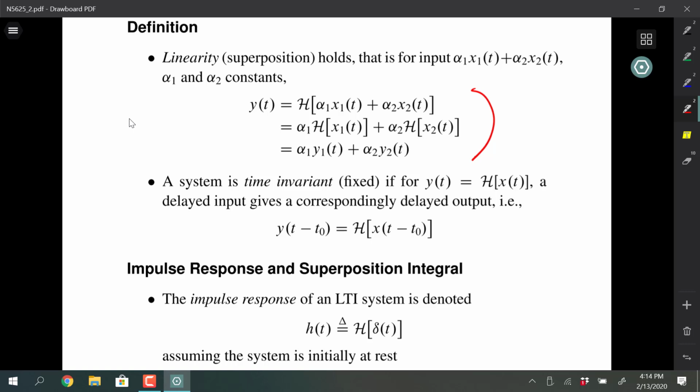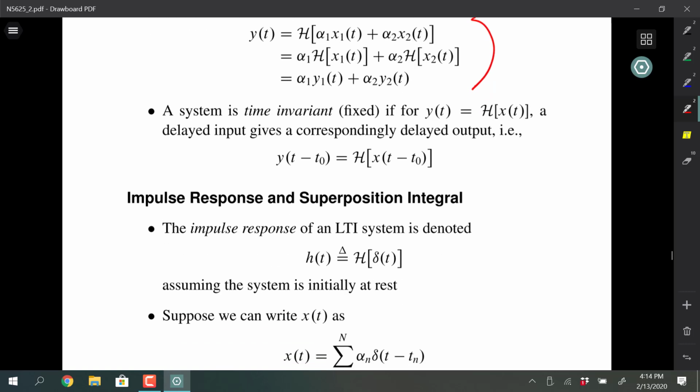The second main property in LTI is the I, which is the invariant, time invariant, and that just says that the system is fixed, meaning that the properties of the system do not change with time. We apply an input right now, we get an output. We apply an input later, we get that same output delayed by that later amount. The system is not changing with time.